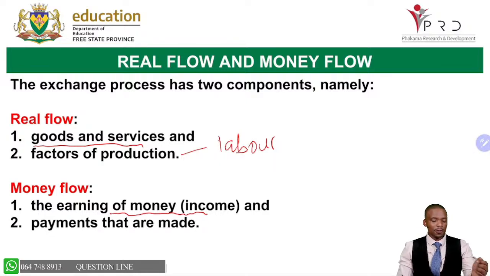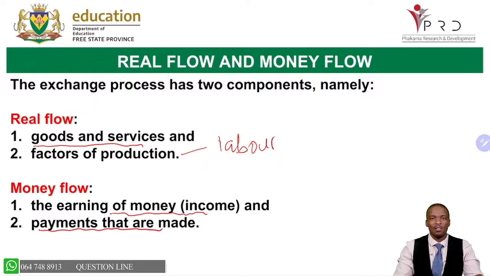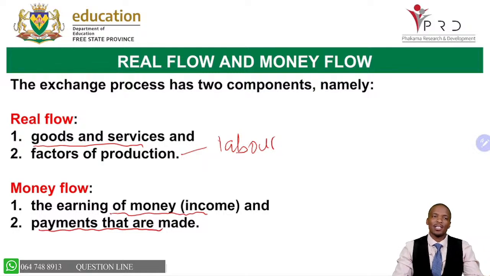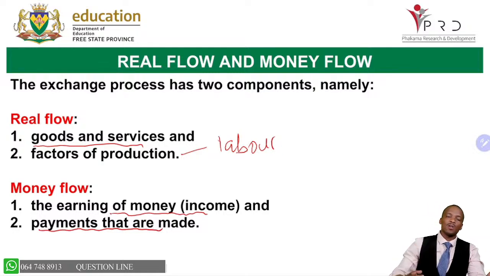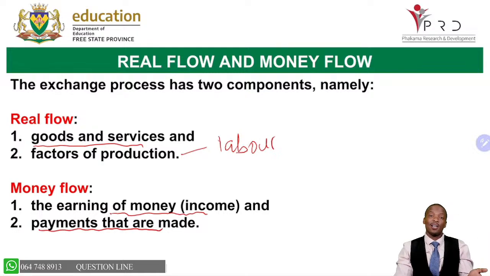Then number two, we see where payments are made, the spending, where businesses spend in purchasing factors of production, that is money flow. When households purchase or spend in purchasing goods and services, that is also money flow. You can only see after that there was spending that took place here. Why? Because of the real flow.